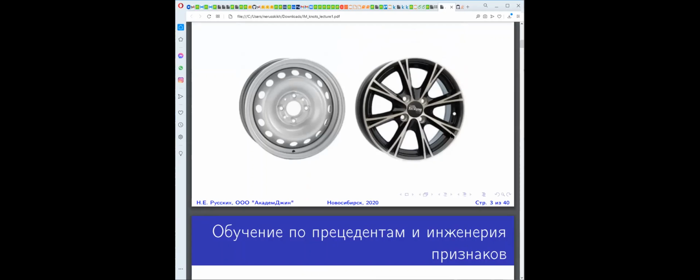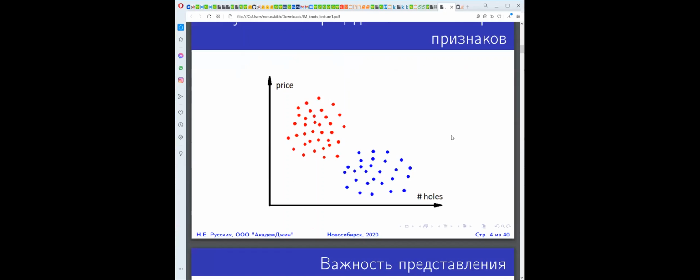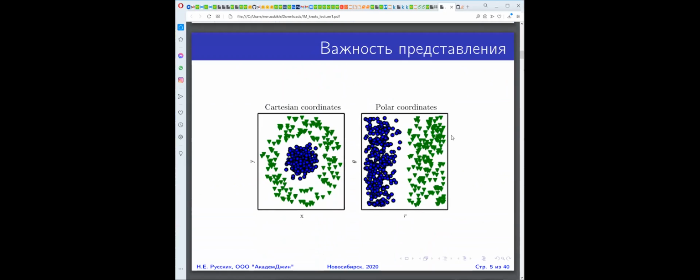It can be done with classical computer vision, but it's still tedious. And how do we represent the data? It's really important. As I said in the previous case, there were just two blobs which were easily separated with a linear decision boundary.